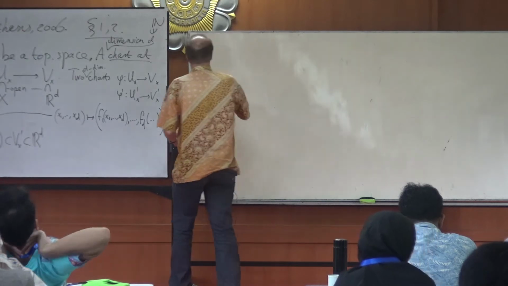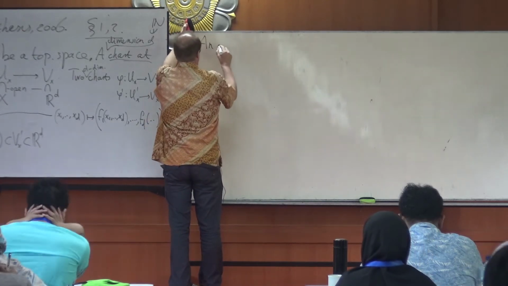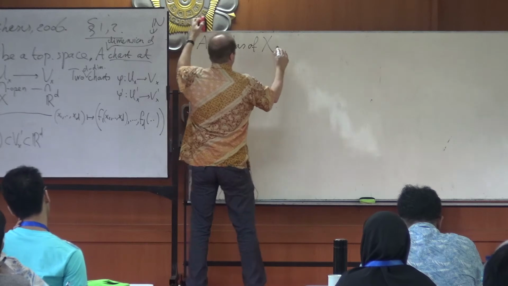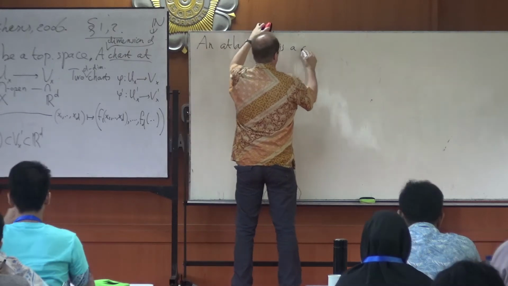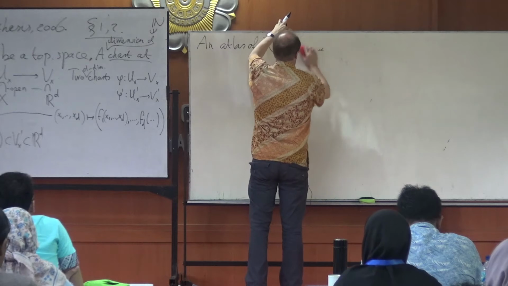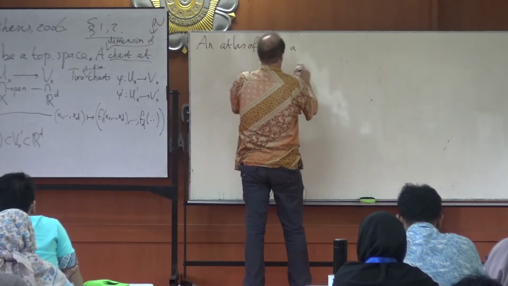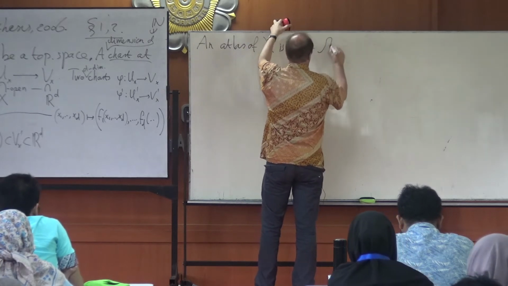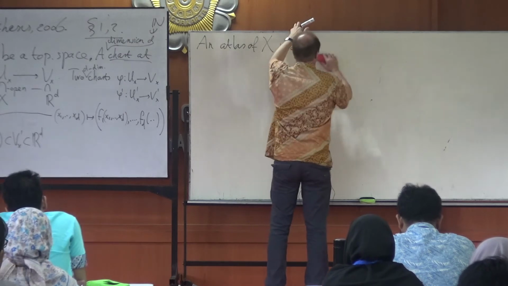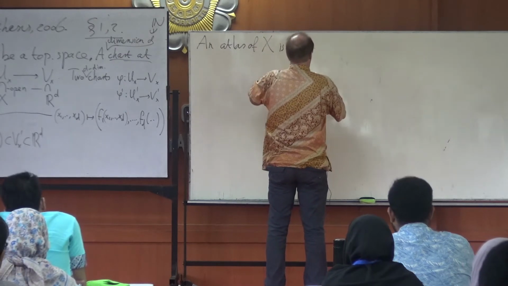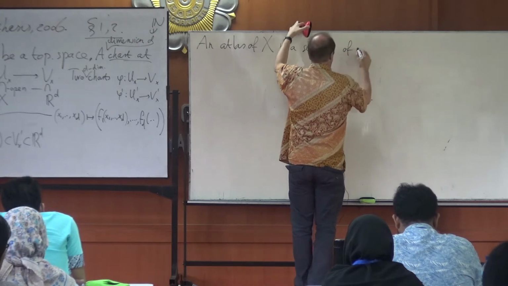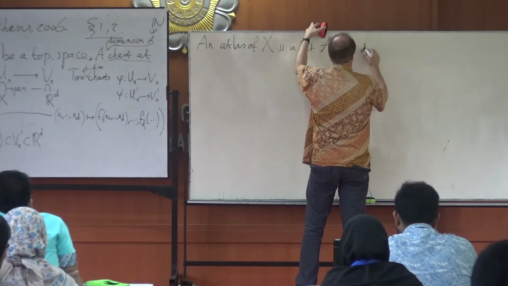So an atlas of X is a collection, or a set, let me not be vague, is a set, say calligraphic A, of D charts.